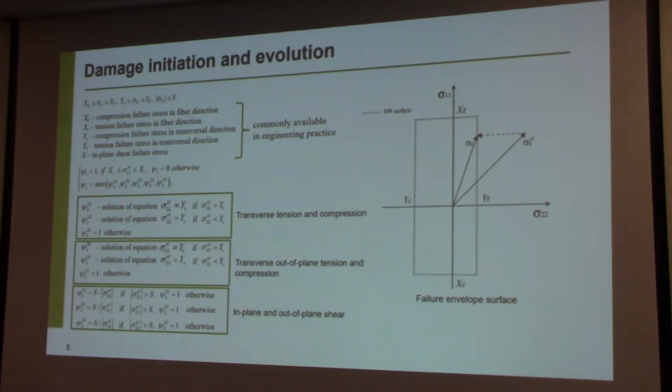In fiber direction, we assume a brittle failure. So we have to check this for every stress component in transversal direction, in out of plane direction, and in shear in plane and out of plane.